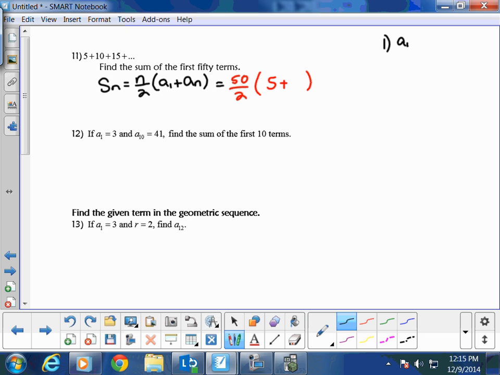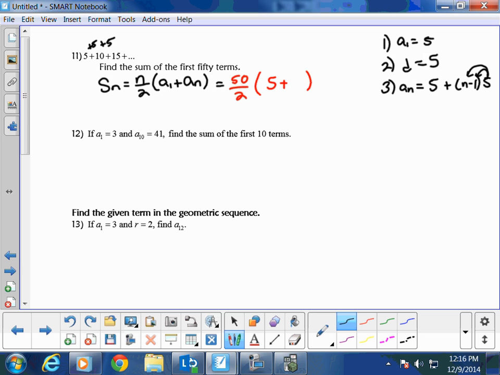A sub 1 is equal to 5. The difference between these is a constant 5, which means D is 5, and that lets me discover my sequence equation: 5 plus n minus 1 times 5.